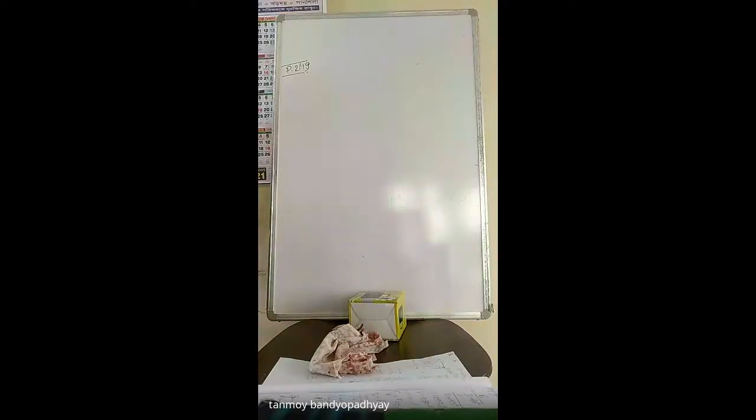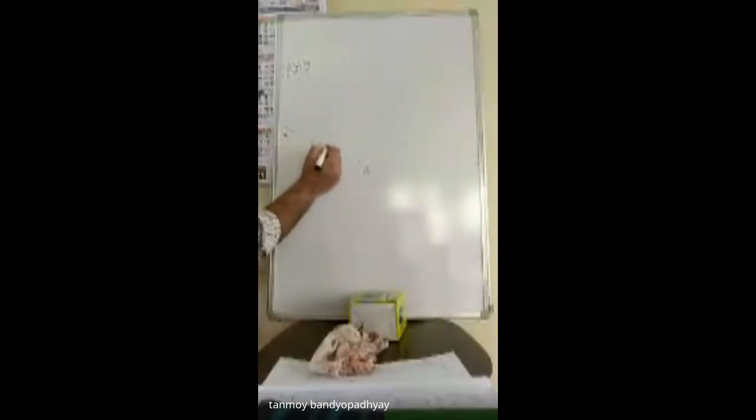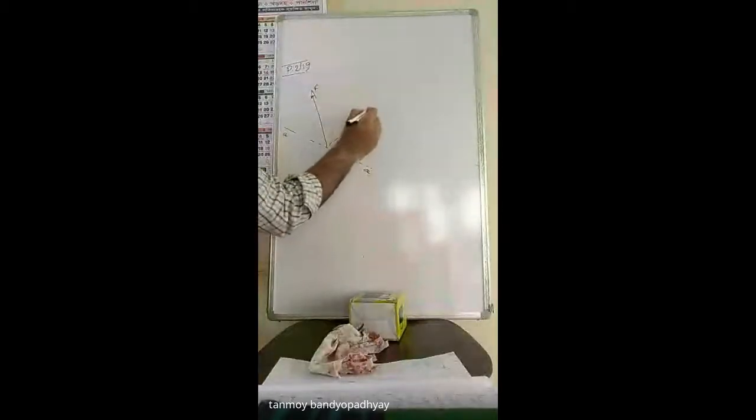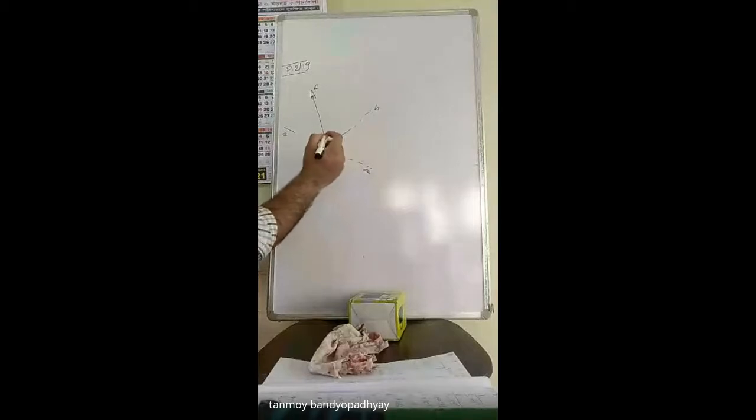আচ্ছা এটা পুরো প্রবলেমটাই আমার মুছে গেছে। So this was A axis, so this was the force F, and this was the oblique axis B. So the oblique axis inclination was given to be 45 degree, and this angle was given to be 60 degree. ঠিক আছে?